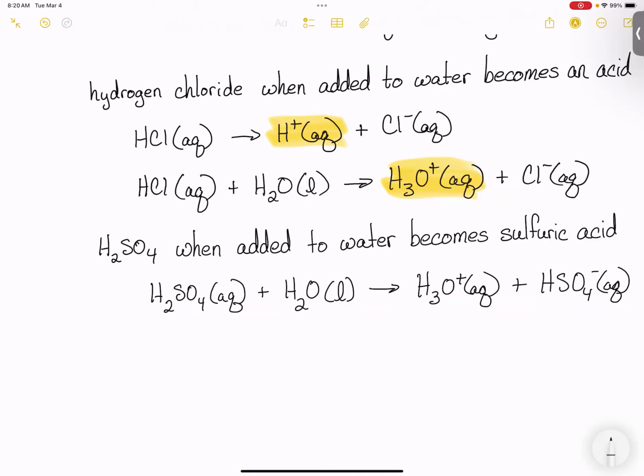Now, sulfuric acid is actually considered a polyprotic acid, and I'll give you those definitions here in a moment. But basically, it is something that has more than one acidic hydrogen that can dissociate.